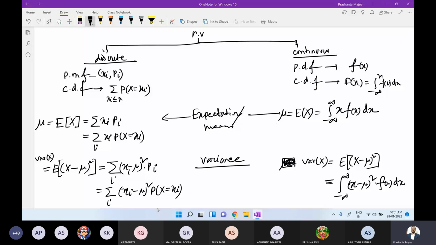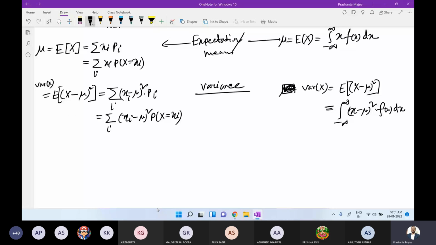Mu for expectation is defined for continuous random variable and discrete random variable. Variance is again for discrete random variable and continuous random variable. And one more notation is there, standard deviation, and then I will finish the class.